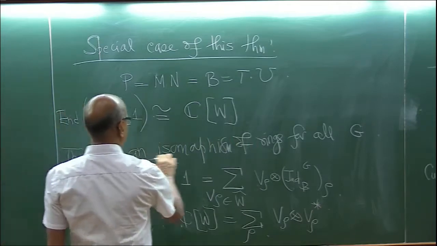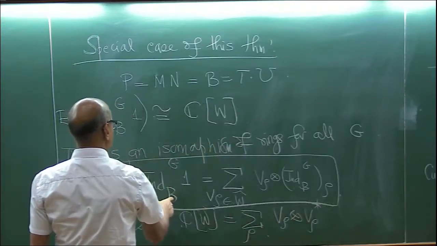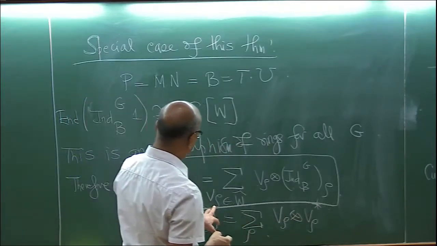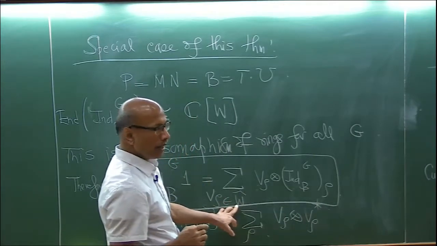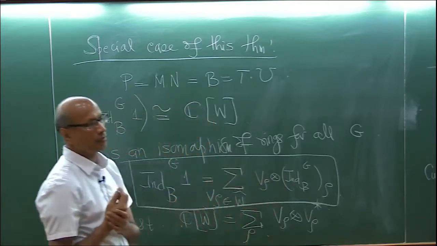So if you induce the trivial representation of the Borel to the group G, then you get as many irreducible representations as there are of the Weyl group, and each one appears with multiplicity which is the dimension of V rho.